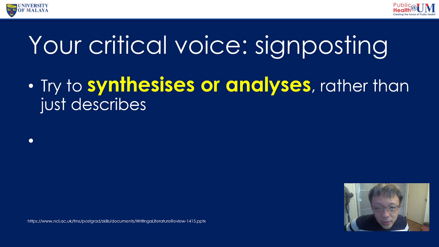Alright? Try synthesizing your analysis rather than just describing it. That's important. As I say, don't say researcher A says this, researcher B says that, researcher C says that. You are supposed to synthesize the whole paper. Let's say the paper is 4,000 words. You want to summarize the paper in only two sentences, or one paragraph of less than 50 words.